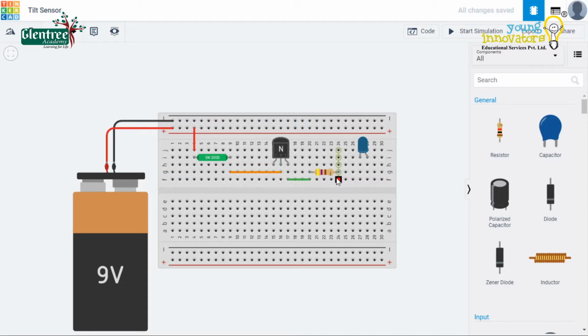The collector of the transistor is given to the resistor, which is in turn given to the cathode of the LED. The anode of the LED is given to the positive end of the battery, and the emitter of the transistor is given back to the negative end of the battery. This completes the circuit.